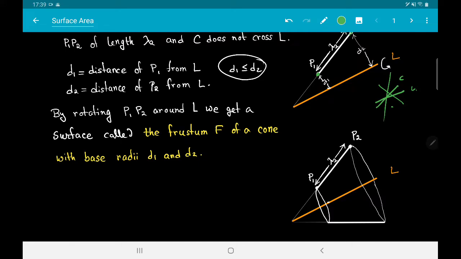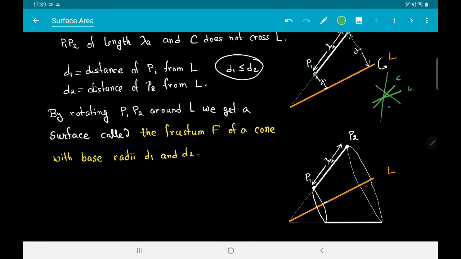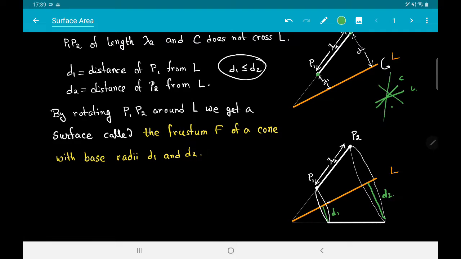So you get a picture exactly like this. One of the bases, the bigger base, has radius d2, and the smaller base has radius d1. In one of your exercises, you will compute the surface area of the frustum that I have just described.